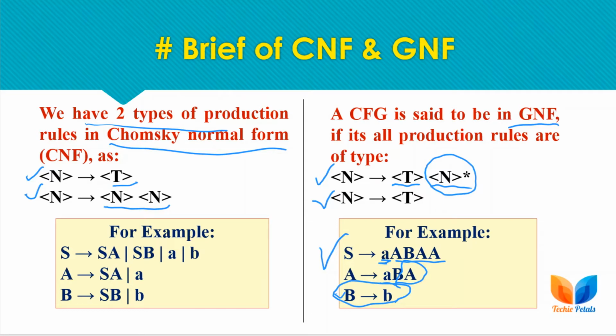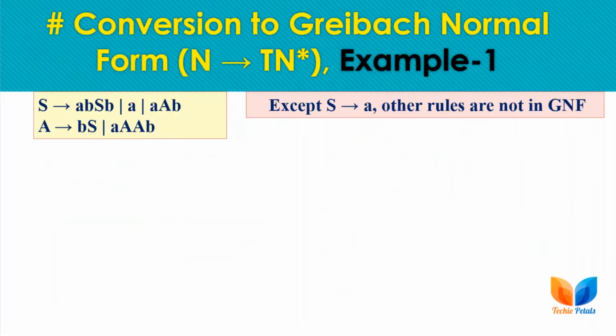The grammar will remain the same and it will derive the same strings that it was deriving before. We are only changing the format of the right hand side of the production rules. So let's start how we can convert a given CFG to GNF form. Here is the first example where we are given these production rules and we have to convert these production rules to the GNF form.